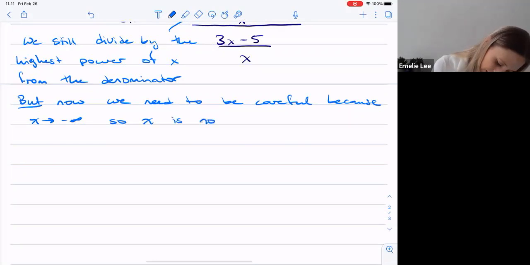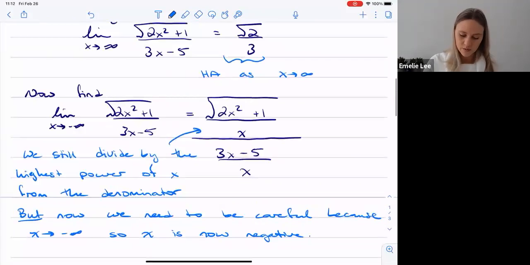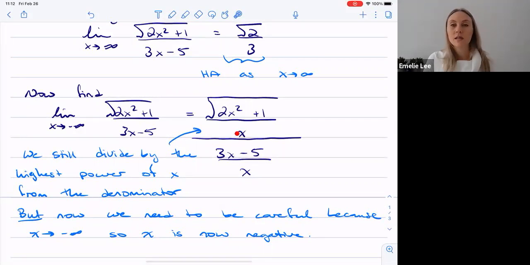And so what we did earlier was we said, okay, well, to bring this x underneath the square root, I can just square it and put it under the square root, okay? If I square a negative number, then I lose that negativity, right? And so we need to preserve that negative.